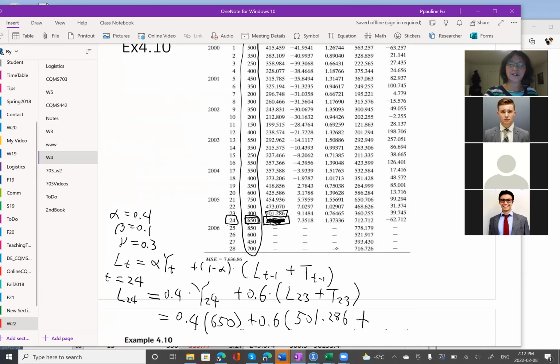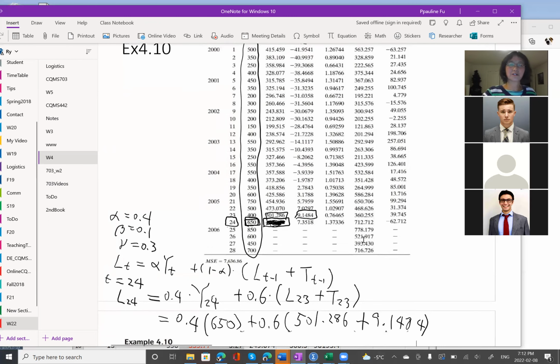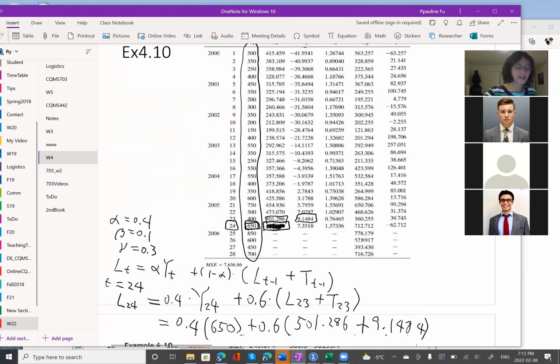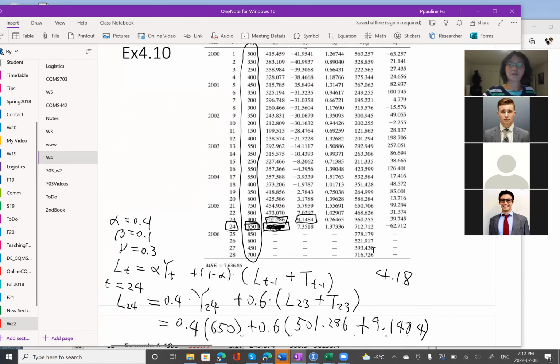501.286. T23 is this number, 9.1484. I pause for a moment. The formula I gave you is here. This formula is 4.18 in our textbook. How do you apply this formula to calculate L24?